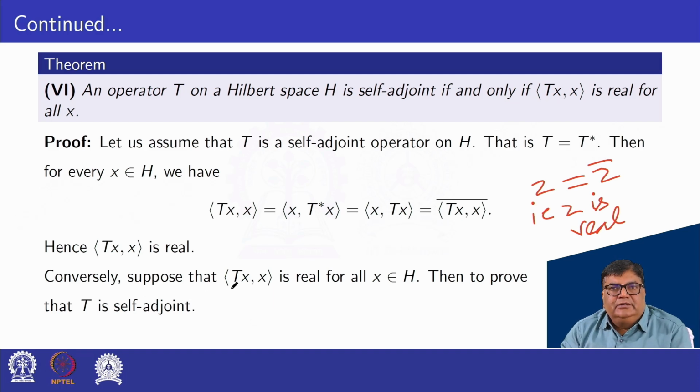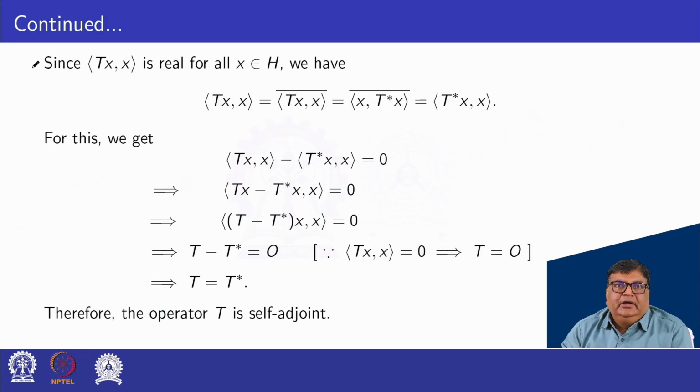Conversely, suppose that inner product of Tx, x is real for all x belonging to H, then to prove T is self-adjoint. Since inner product of Tx, x is real for all x belonging to H, we have inner product of Tx, x is equal to the complex conjugate of the inner product of Tx, x.